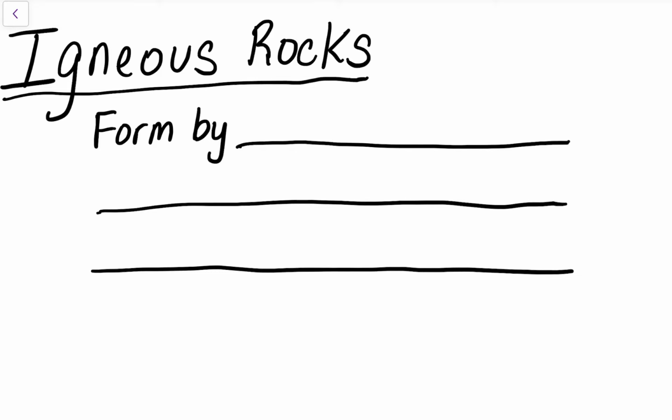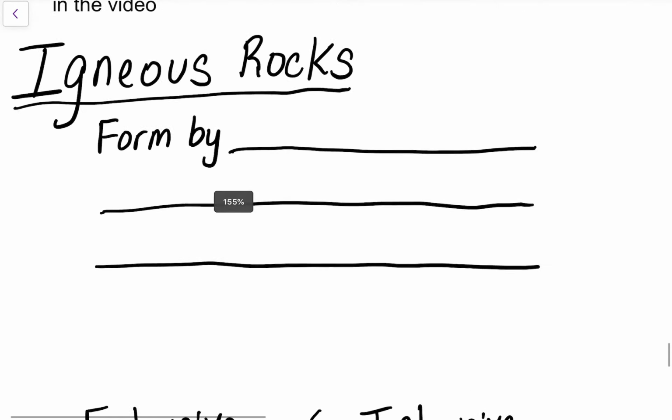So for your notes, let's review. Igneous rocks form by the cooling of magma or lava.